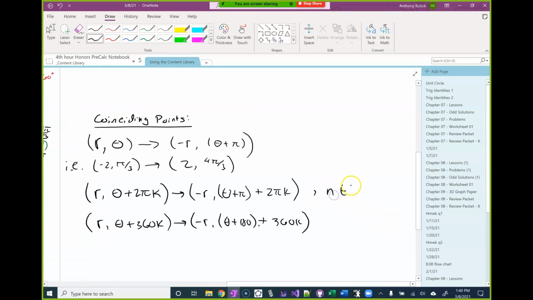I guess we should say where k is just some integer. We cool there?